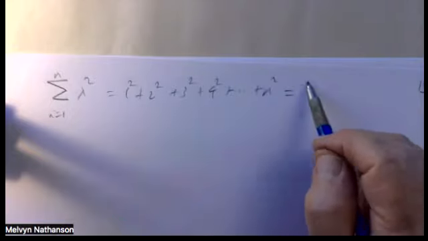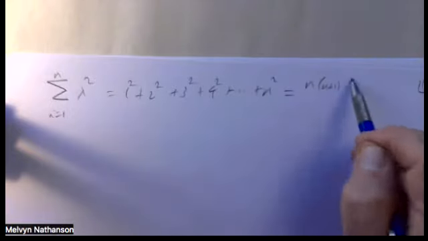And this is equal to n times n plus 1 times 2n plus 1 over 6. That's what we want to prove.